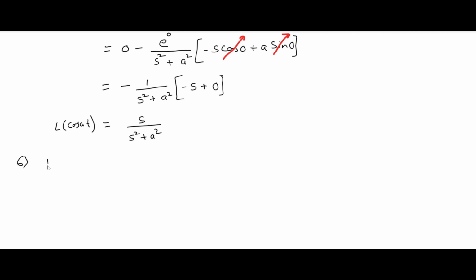Let us move on to the next result, to find out the Laplace transform of sin at. Once again we'll use the basic formula for Laplace transform, L of f of t equals integral 0 to infinity e power of minus of st f of t into dt.